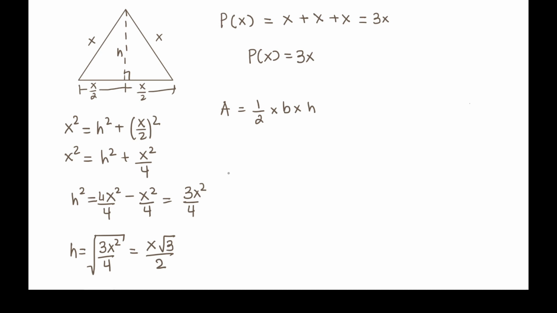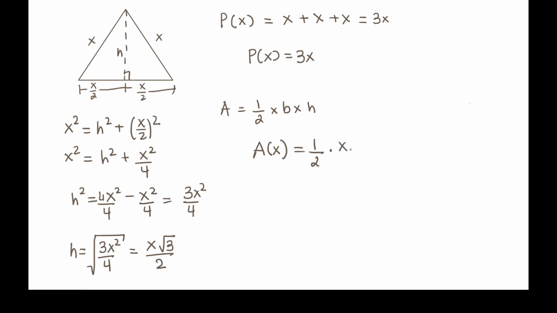Now all we have to do is plug both the base and height into the area. So the function of area, which is A of x, would be 1/2 times base. Let me just write this multiplication as a dot, so we don't get confused.